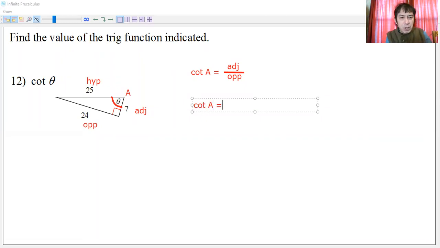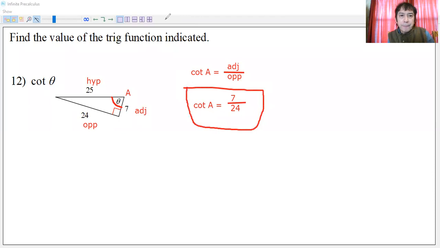Okay, so it's adjacent, which is 7. So we put the 7 over here, and this will be divided by the opposite side, which is the 24. And it looks like we cannot simplify this anymore. There are no number 7 in the 24. So this is it. This will be our final answer, 7/24. And what should be our answer?